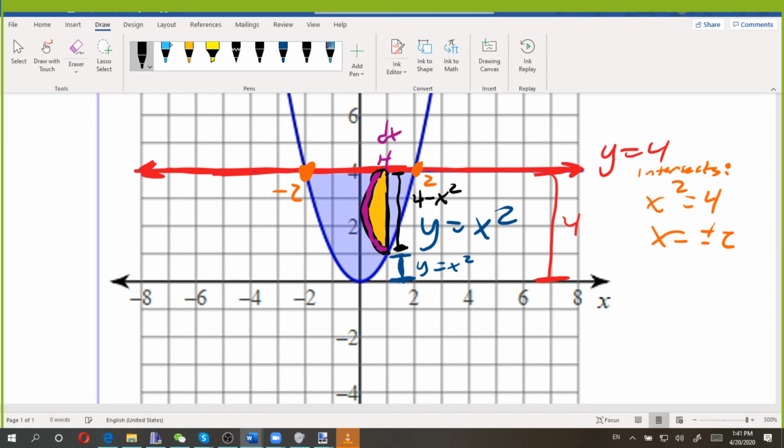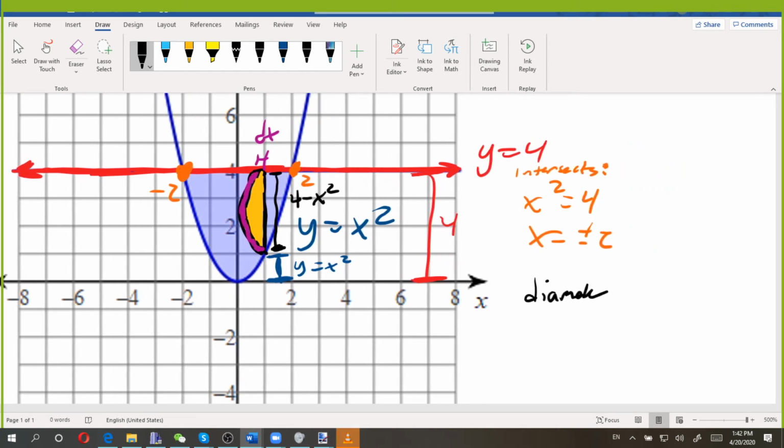Okay, that was the hardest part of all this. So our diameter of this semicircle that I need to get the area of is 4 minus x squared. If our diameter is 4 minus x squared, Sarah, what is the radius?